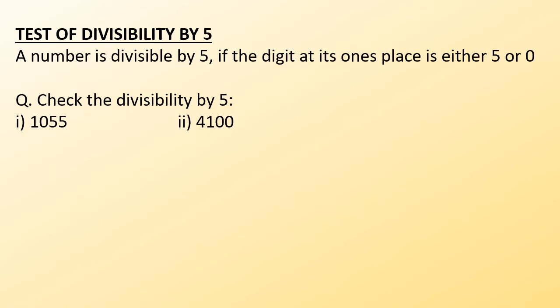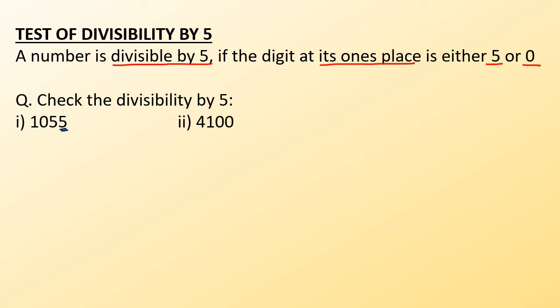To check if a number is divisible by 5, we have to see the digit at its ones place. If the digit at the ones place is either 5 or 0, then that number is divisible by 5. You can see in the first number 1555, the digit at the ones place is 5.